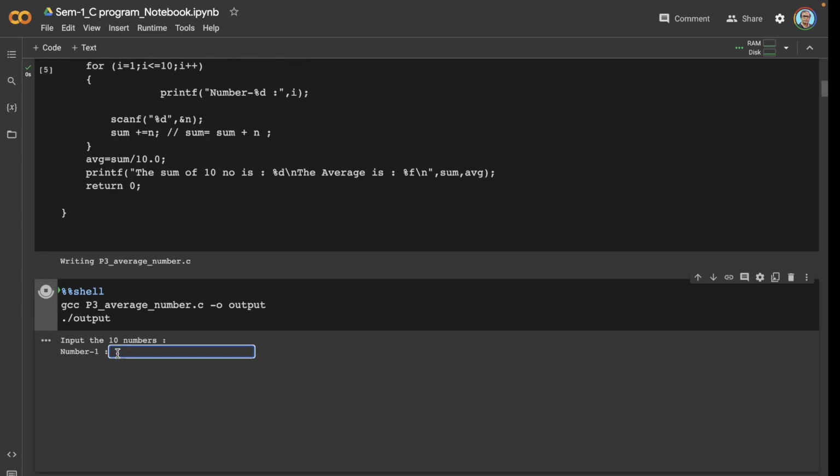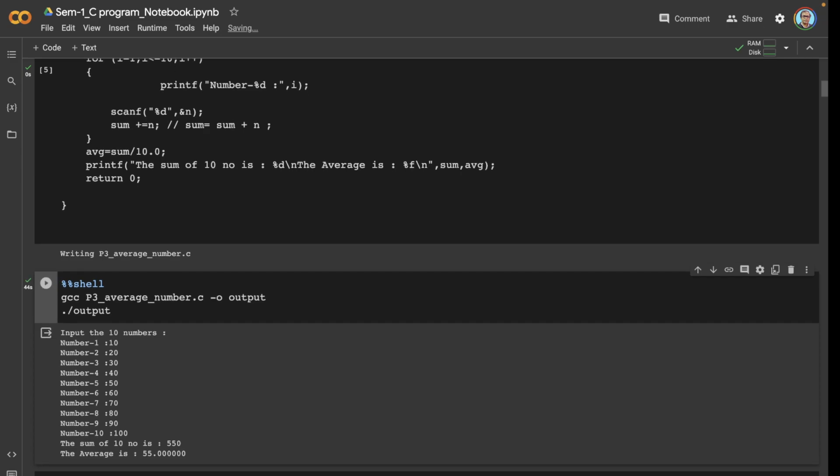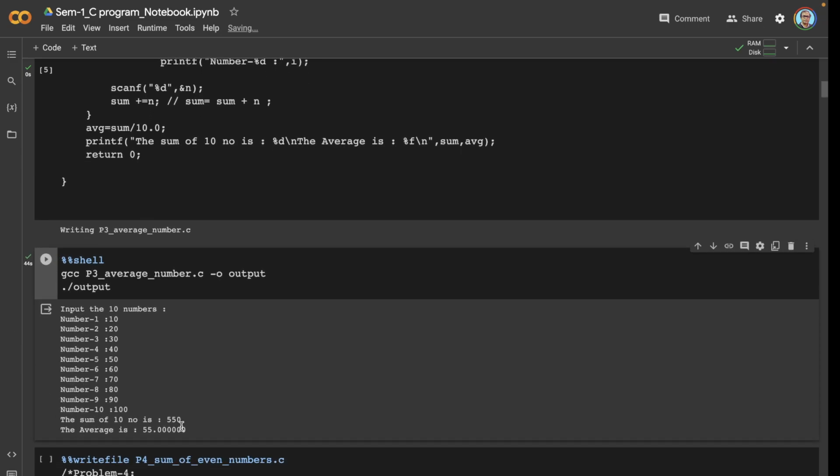Put here 10, 20, 30, 40, 50, 60, 70, 80, 90, 100. So sum of these 10 numbers is 550 and average is this 55.